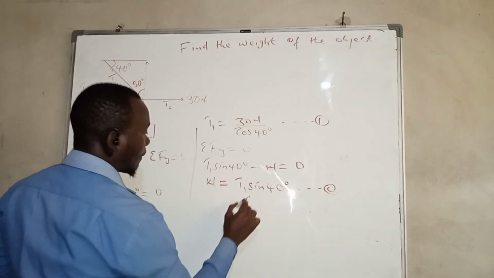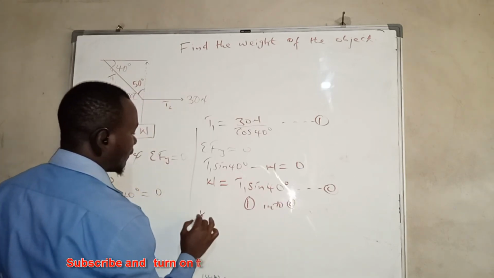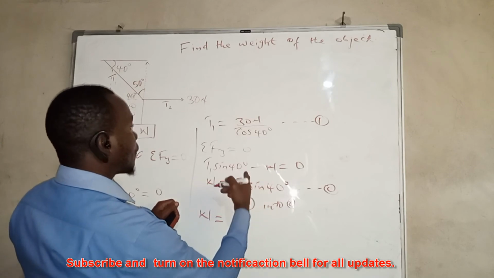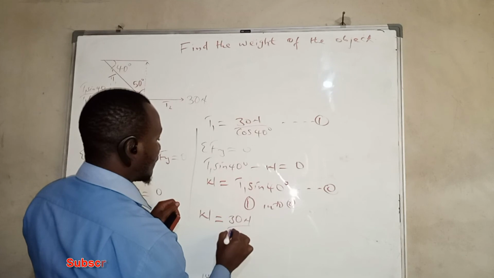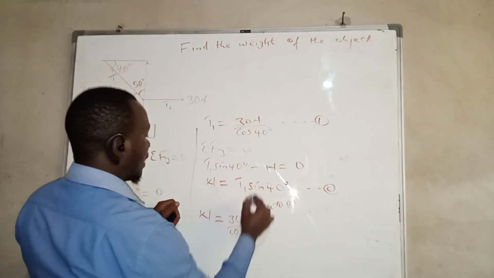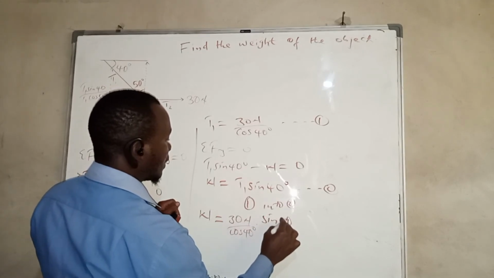Putting 1 into 2, we have weight is equal to T1, which is 30 newtons over cos 40, times sine 40 degrees.